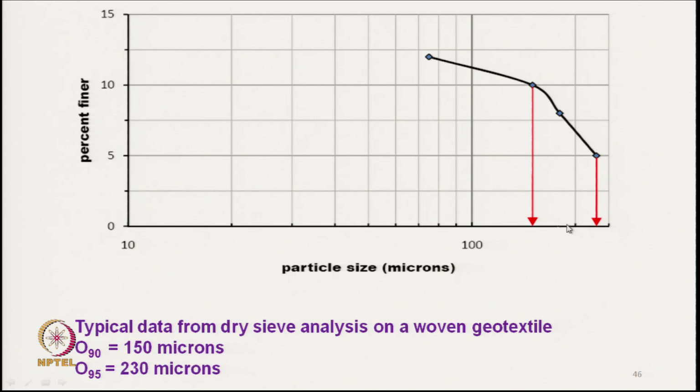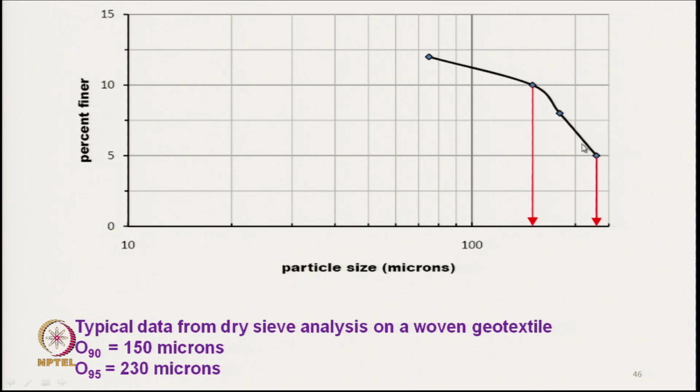So, for different size particles, over here on the x axis particle size is given and percent finer here. O90 is 150 micron. So, if we take 150 and here it is 230, this is 100, 200, 230. For 230 micron only 5% particles are passing, this is the percent of particles passing through.